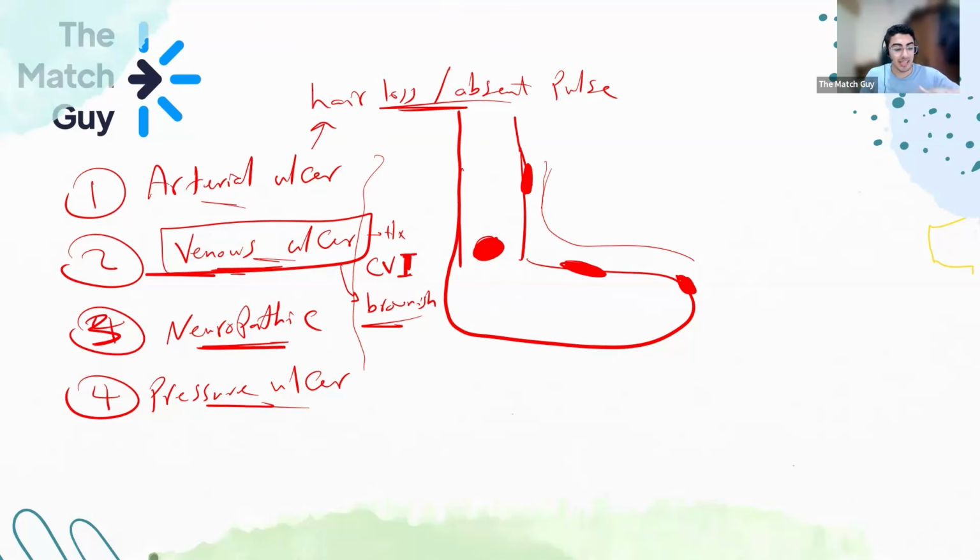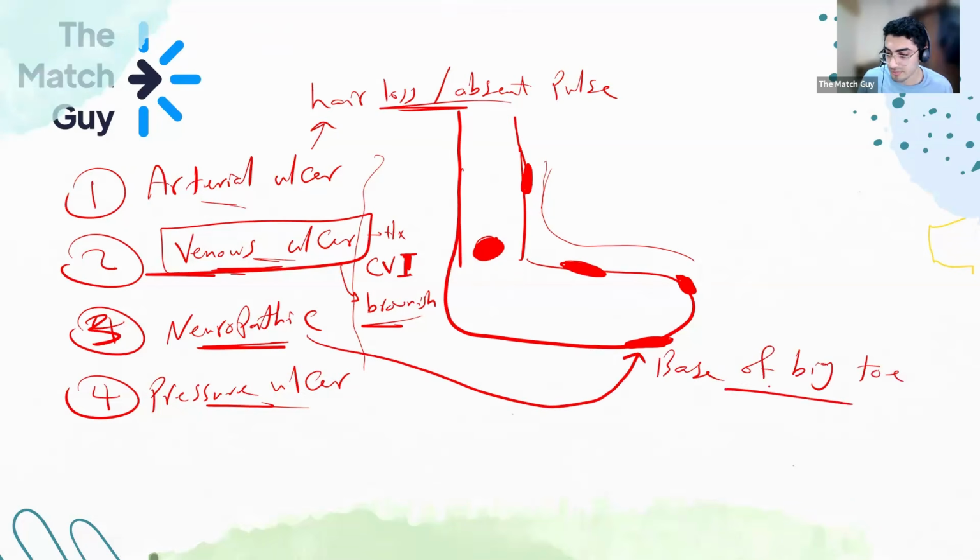This walking can cause microtrauma at the sole, and this microtrauma can cause ulcers at the sole of the feet. So the neuropathic ulcer would arise at the sole, specifically at the base of the big toe.